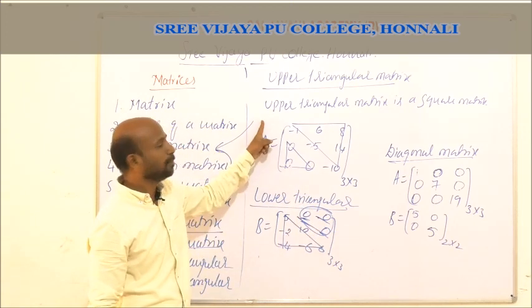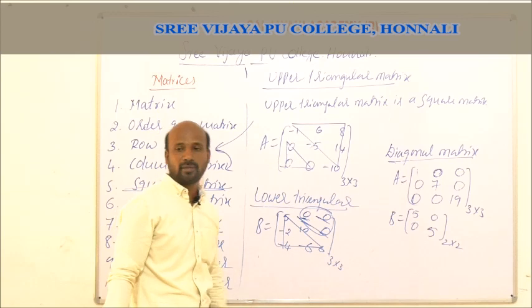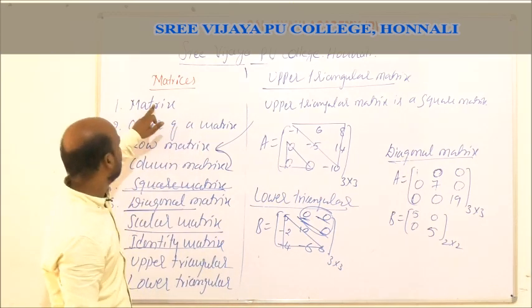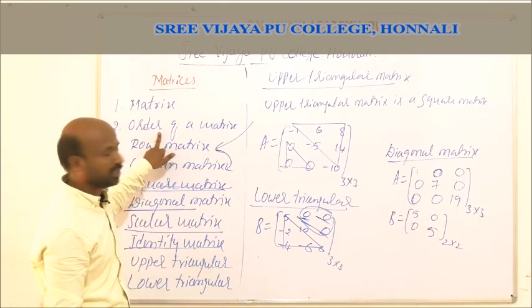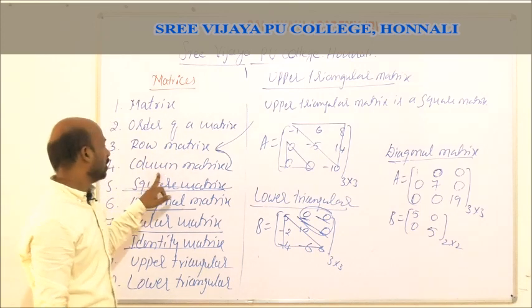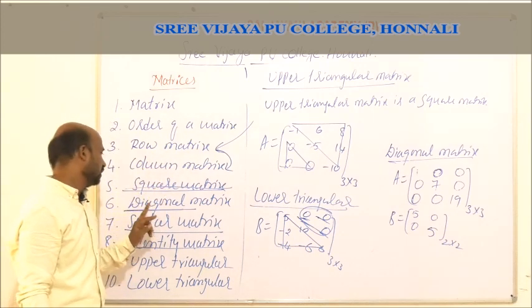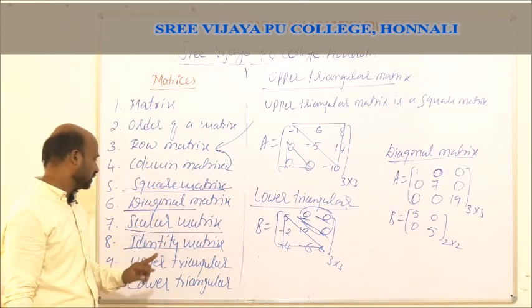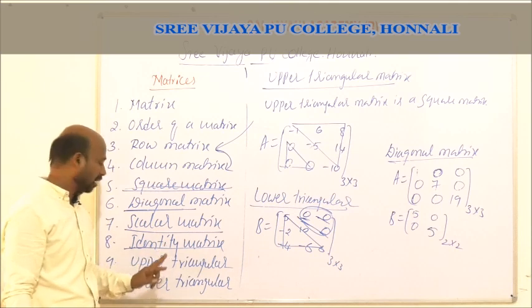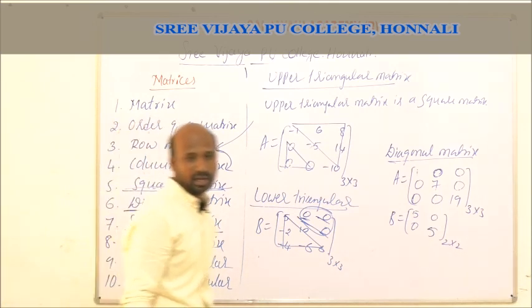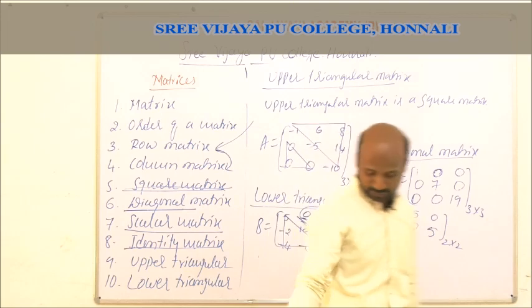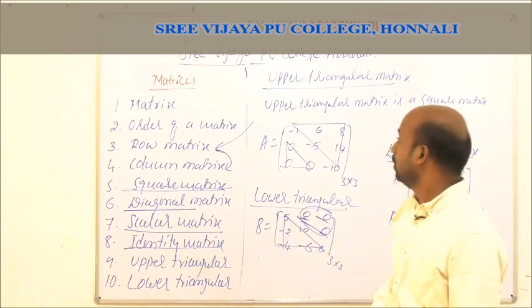So this is all about the matrix, order of a matrix, row matrix, column matrix, square matrix, diagonal matrix, scalar matrix, identity matrix, upper triangular matrix and lower triangular matrix. These are all the types of matrices.